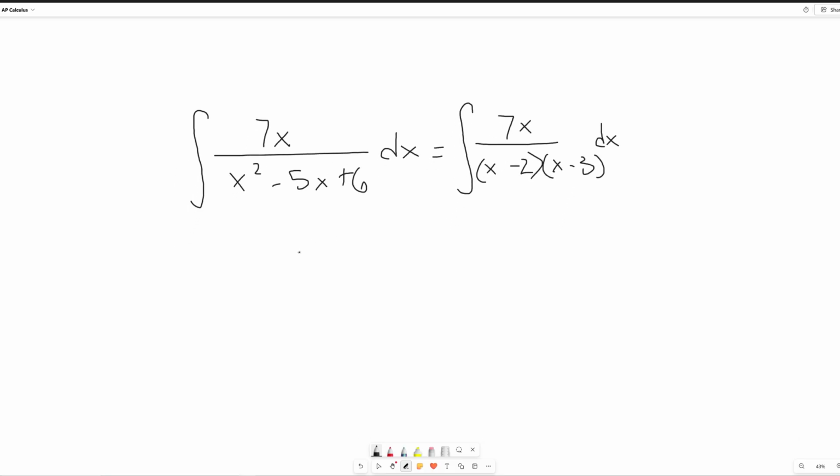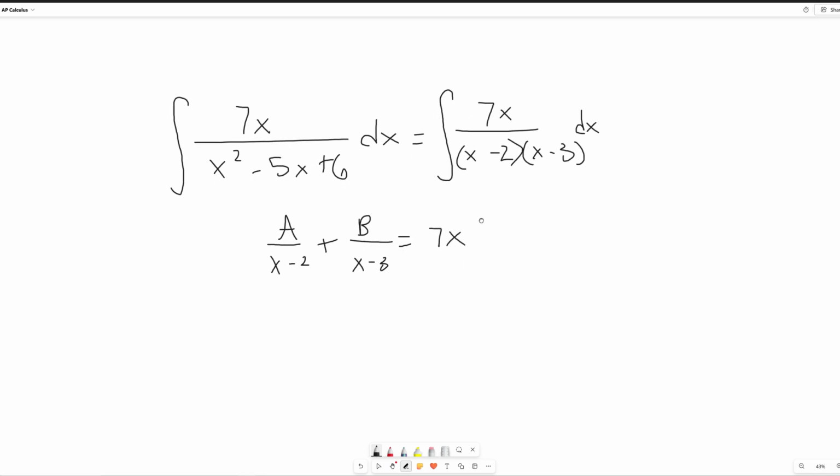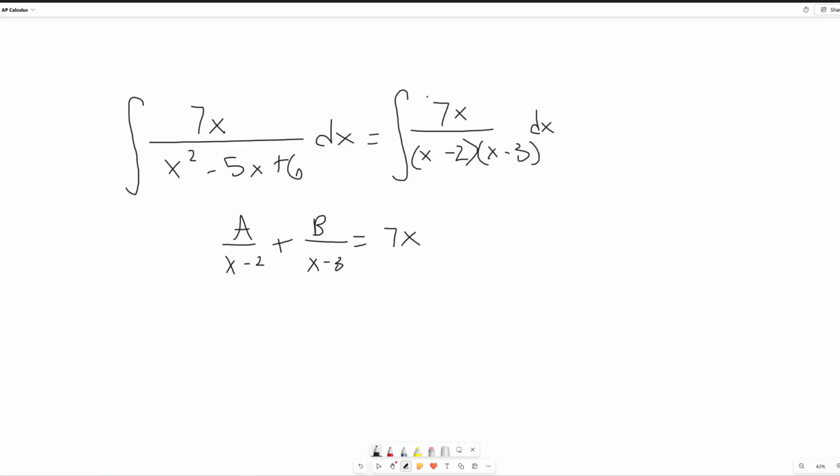So what we're going to define is that a over x minus 2 plus b over x minus 3 equals 7x over the whole thing. So why are we doing this? We want to split up this 7x and give some to the x minus 2, some to the x minus 3, if that makes any sense.